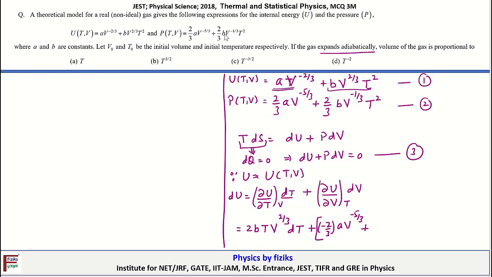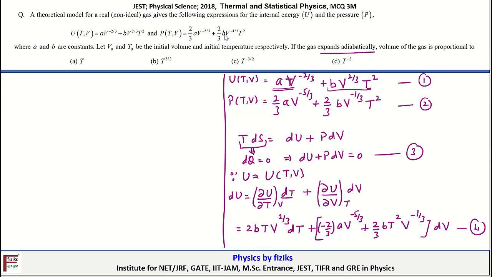So plus the exponent, that is 2 by 3 b t square, because t is constant here, v power minus 1 by 3, and then dv. So let's call this equation 4.